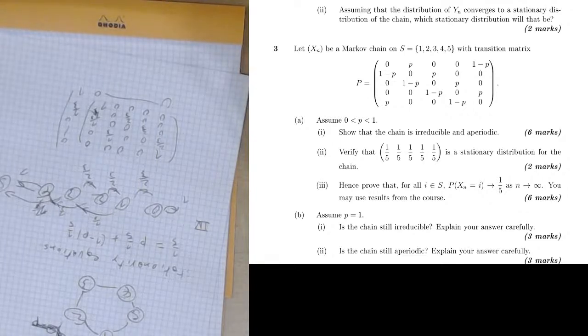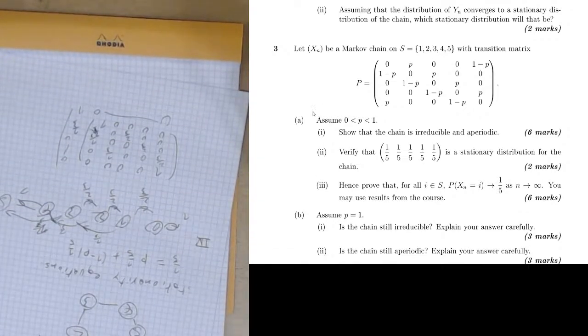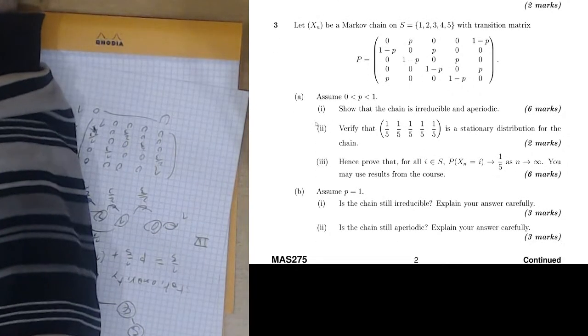There would be, well, is something a stationary distribution? That could be 1. Then you have to fill in yes or no. And for the limits, well, same thing as before. And again, p equals 1.